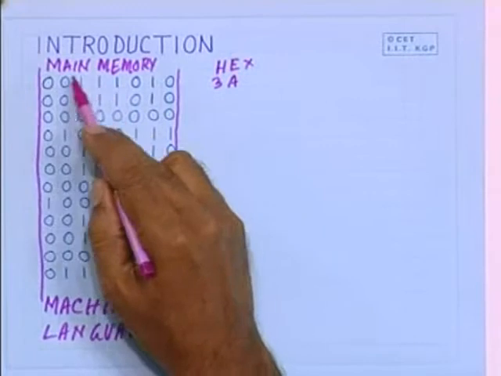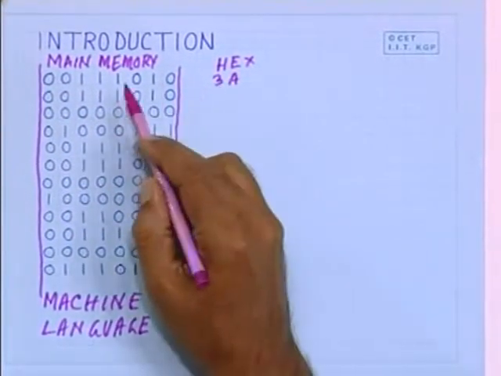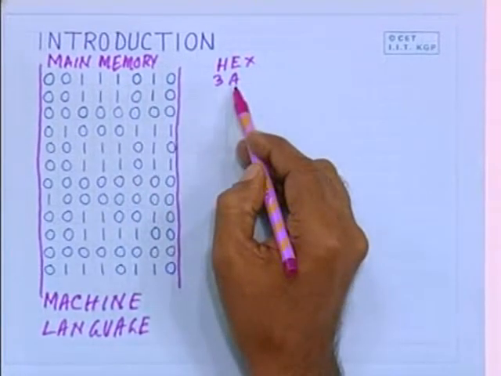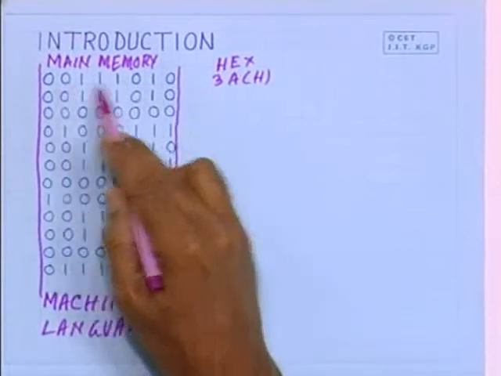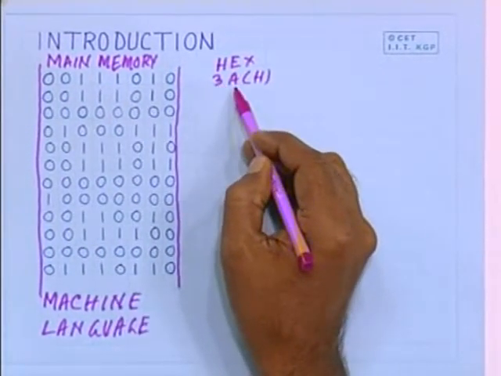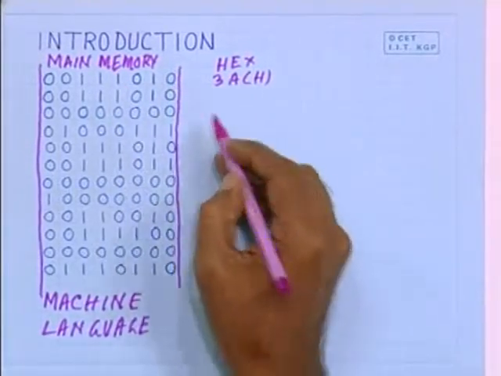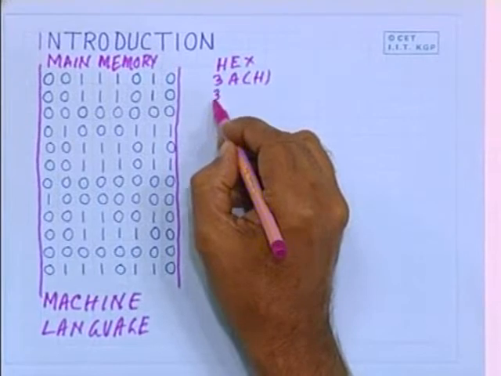These 4 bits, 0011, in hex form is 3, and 1010 is A. So, this is the hex representation of this byte. Each 4 bits gives a hex digit, 3 and A. Similarly, the other bytes can also be written in hex.